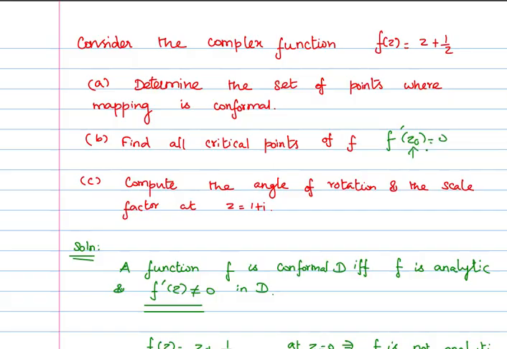Finally, the angle of rotation is the argument of f prime of z0 at the particular point, and the scale factor is the absolute value of f prime of z0. I hope you understand how to compute all this. Thank you for watching this video.